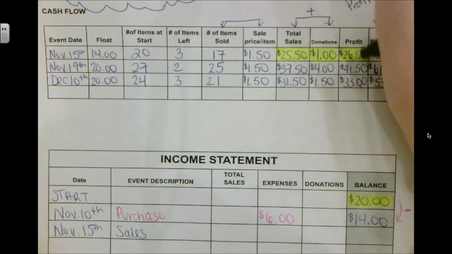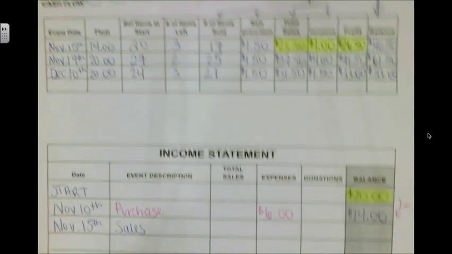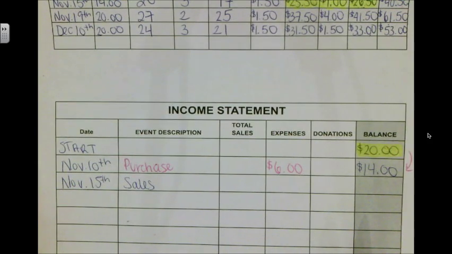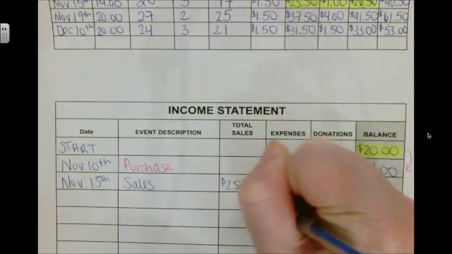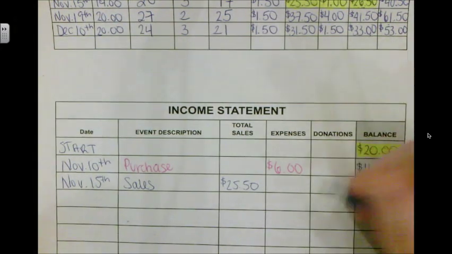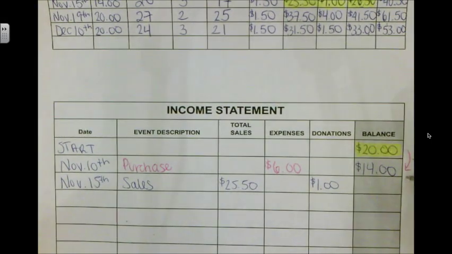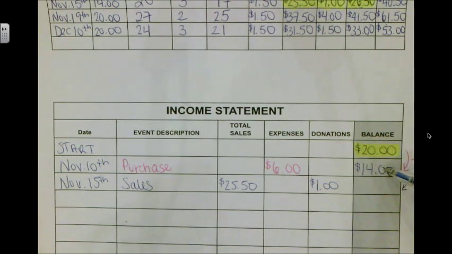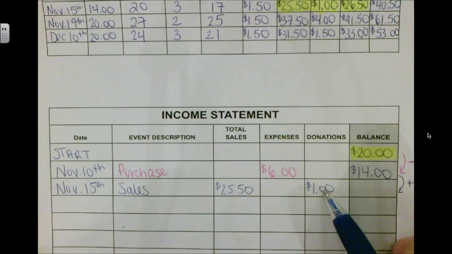I'm going to go ahead and put those in here in blue. So for my total sales for that time, I made $25.50 plus $1 of donations. Then as I'm going here from $14, I'm not just going to put $26.50 in here. I'm going to do 14 plus the $25.50 plus the dollar, so plus $26.50.